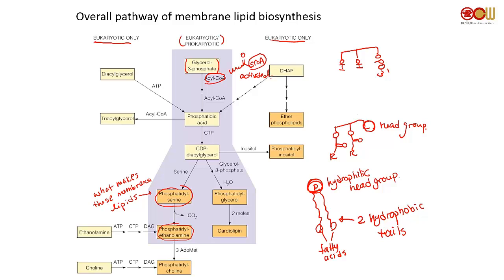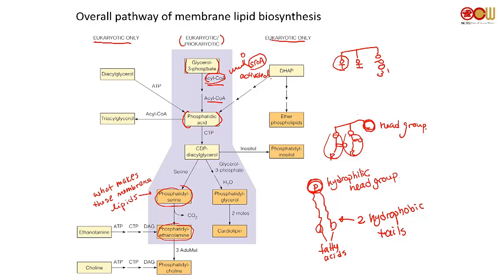So all you have to do is take one of the OH groups on glycerol 3-phosphate and react them once, twice. Then you'll get this thing called phosphatidic acid. All this is essentially two fatty acid arms with a phosphate as the head group. So that's all it is. Very simple, right?